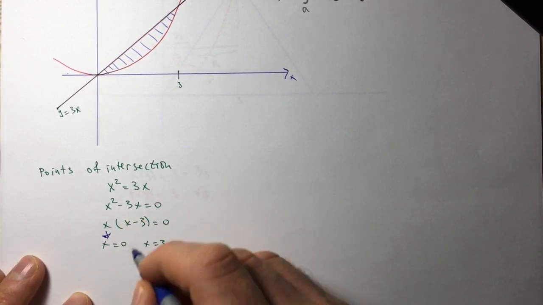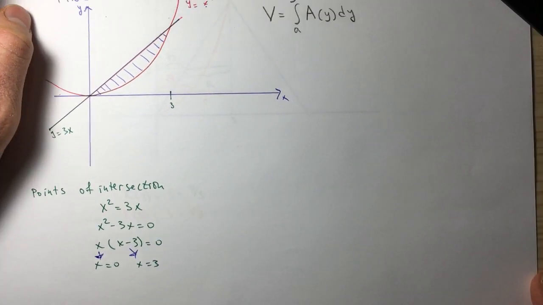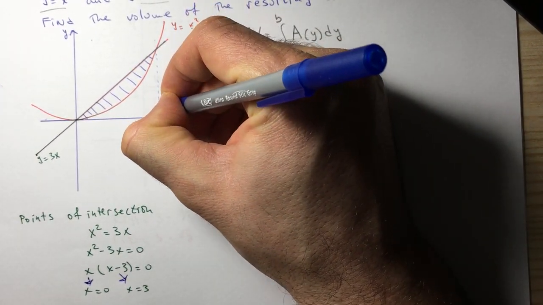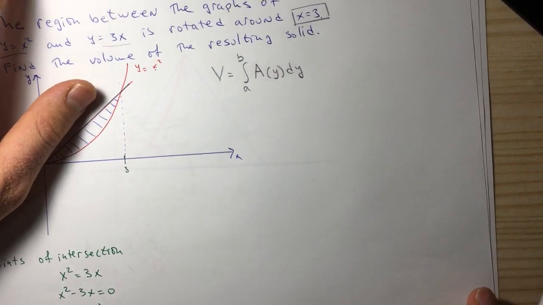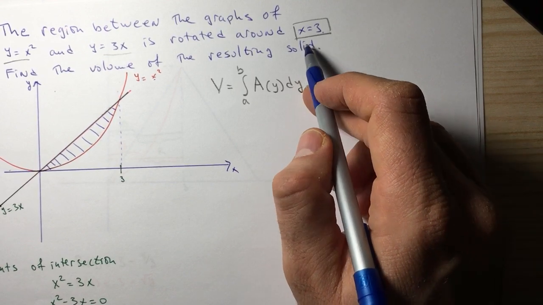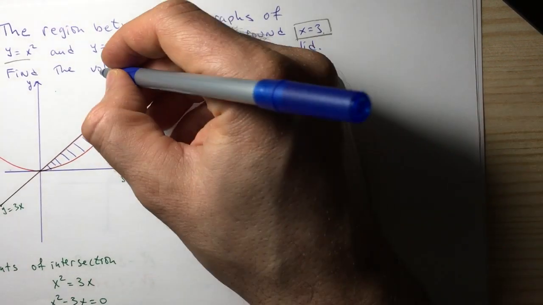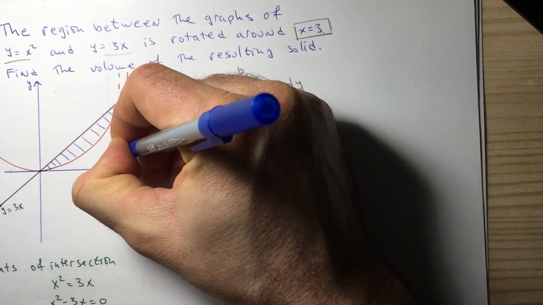Either x is 0 or this factor yields x is equal to 3. And this is important. Why? Because this point here is exactly 3, and they ask us to rotate around the line x is equal to 3. So x being equal to 3 means this vertical line.